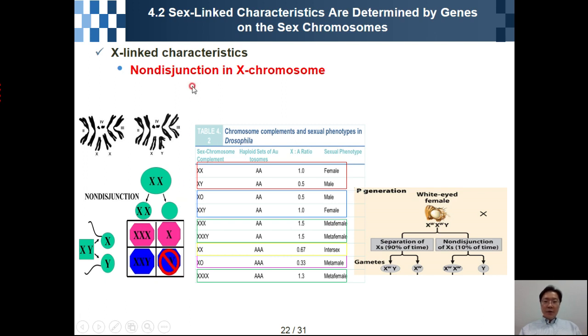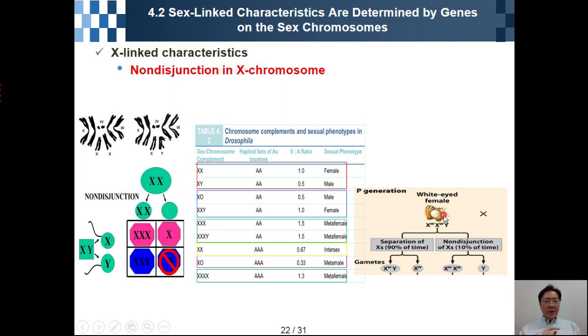So in the X chromosome, non-disjunction happens nearly 10%. Sometimes non-disjunction happens in autosomes, but the case is very low, less than 1%.